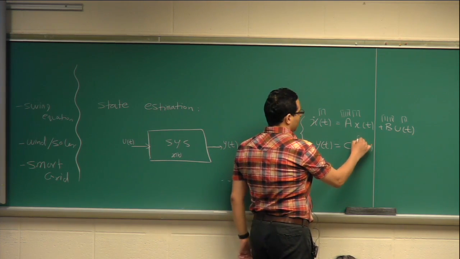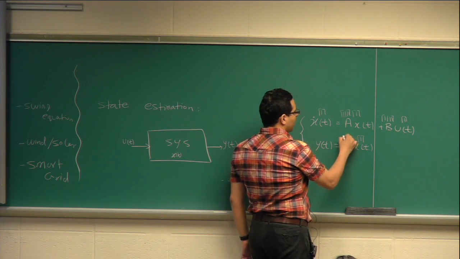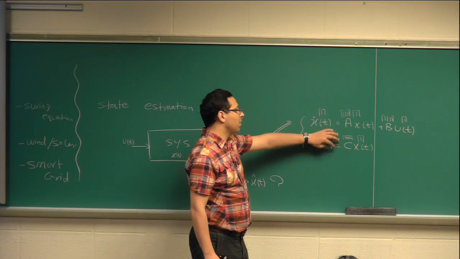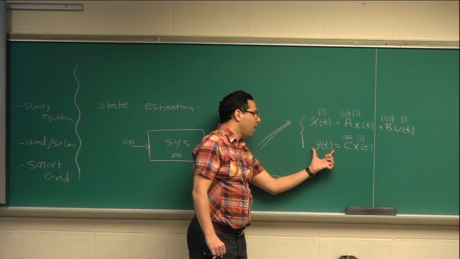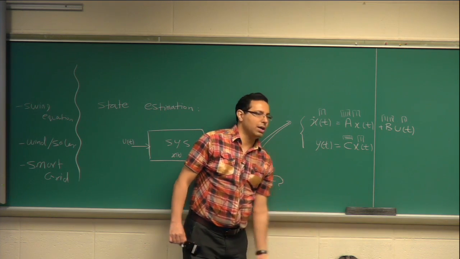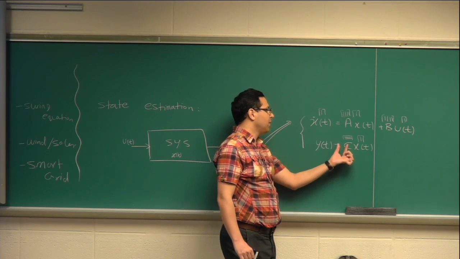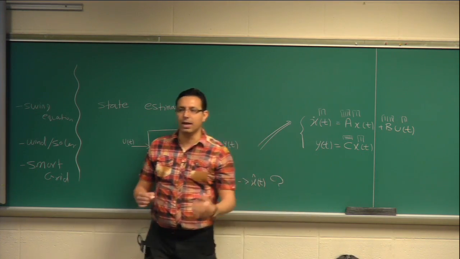So this x is a vector. Most of the time, this C is a rectangular matrix, meaning that it has fewer rows than columns, and in that sense, y is low dimensional, x is high dimensional. So for example, if x has 10 entries, C could be 2 by 10, meaning that we measure just 2 states, or a combination of them.